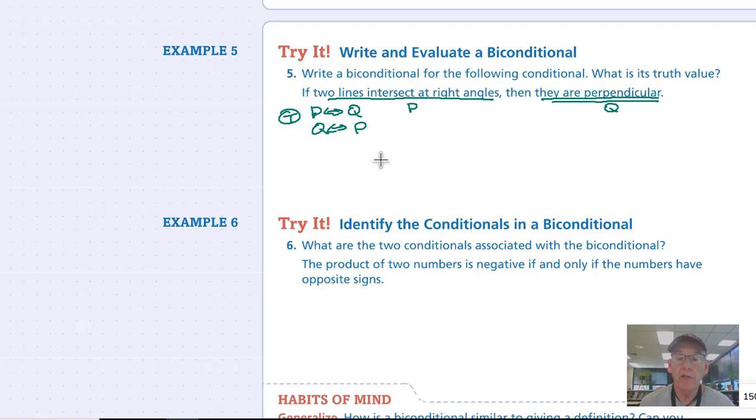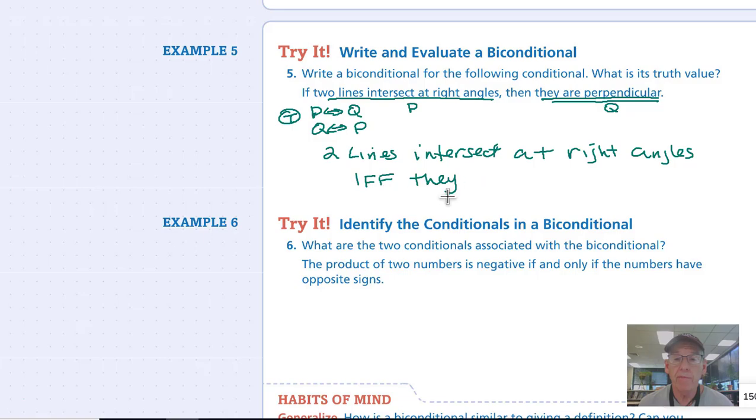And we want to write the biconditional, so we want to write it as: two lines intersect at right angles if and only if, and IFF means if and only if, they are perpendicular.